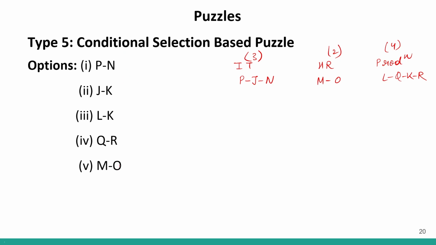We have to identify which is different. So P and N, I can say they belong to the same department. Correct? Then J and K belong to different departments.